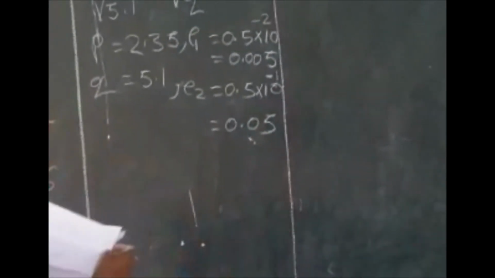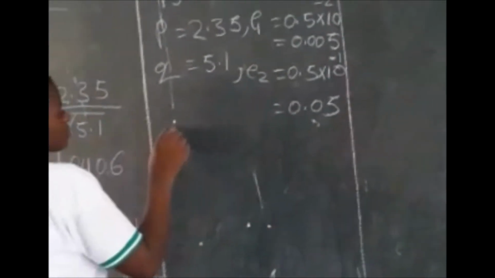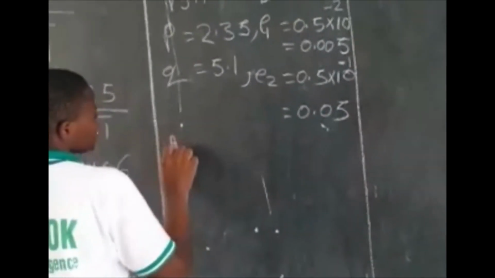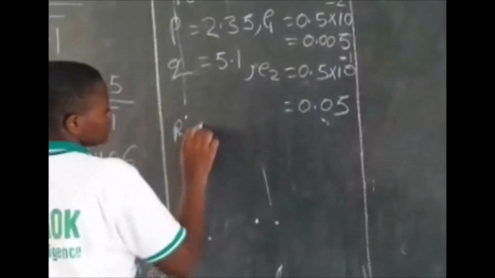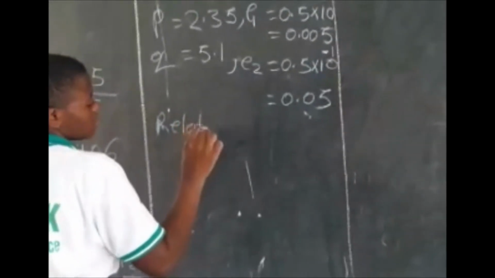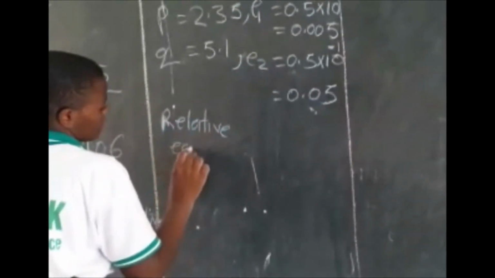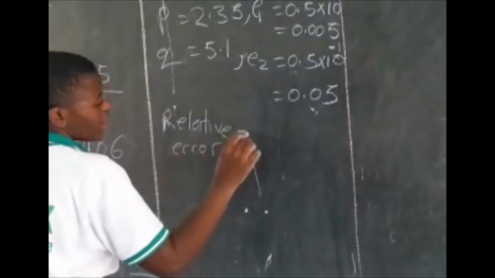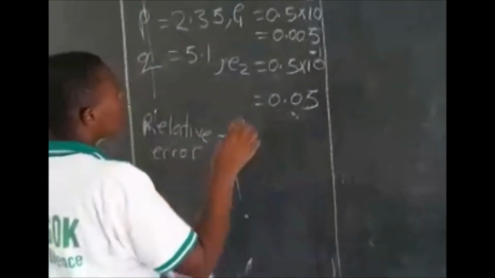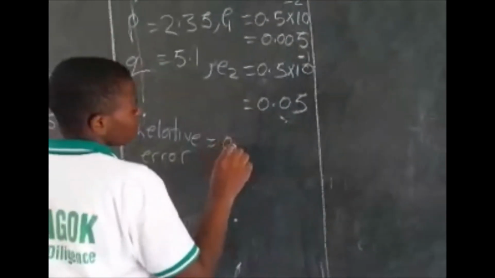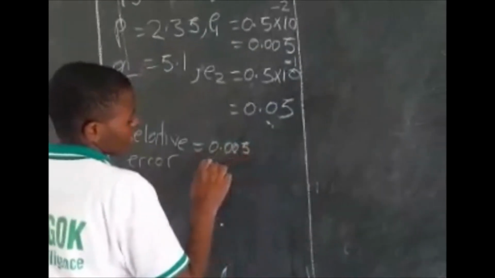So, from there, we shall substitute into this formula for the relative error. And we shall replace the E1 with 0.005.